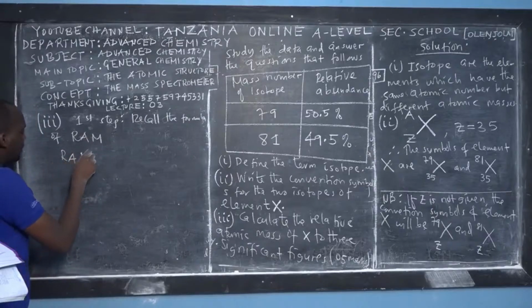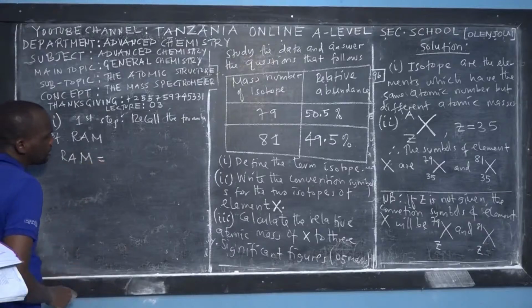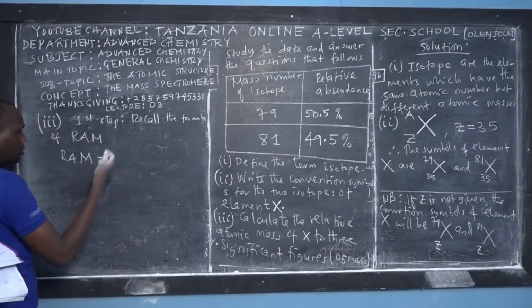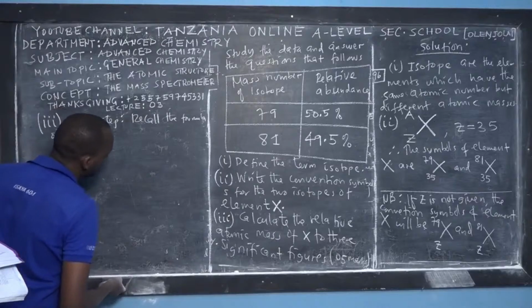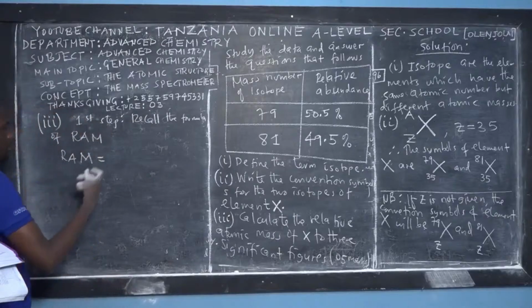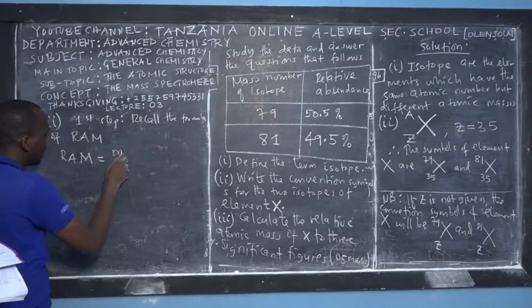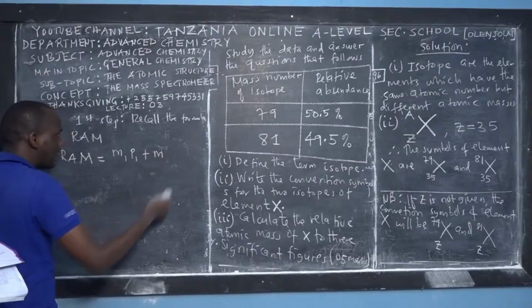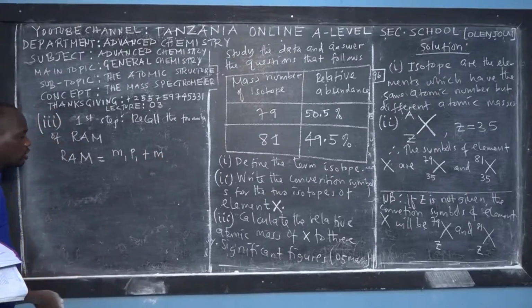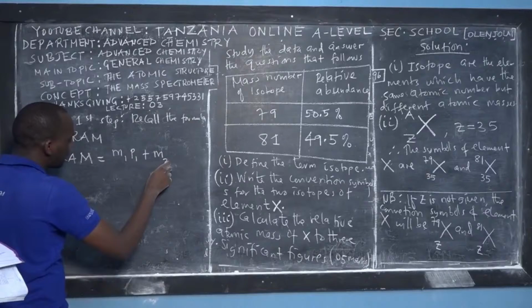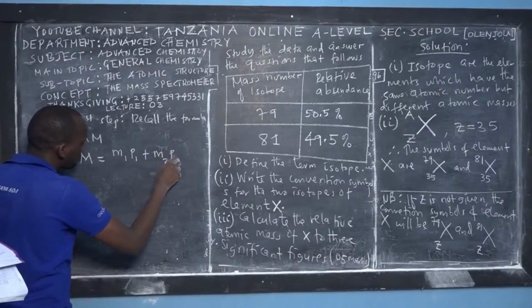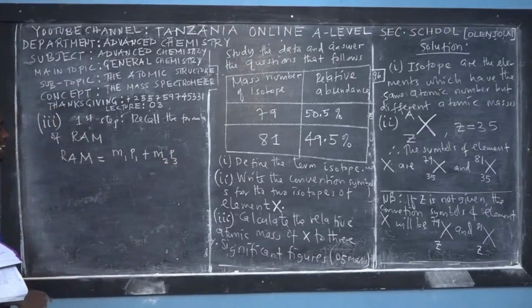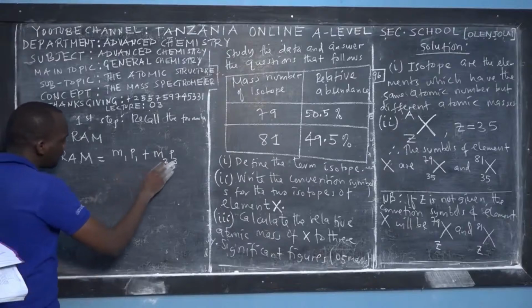The relative atomic mass is equal to the summation of the products of isotopic mass and percent relative abundance. Suppose isotopic mass 1 times relative abundance 1, plus, because element X has 2 isotopes, isotopic mass 2 times relative abundance 2, not 3, I'm sorry.